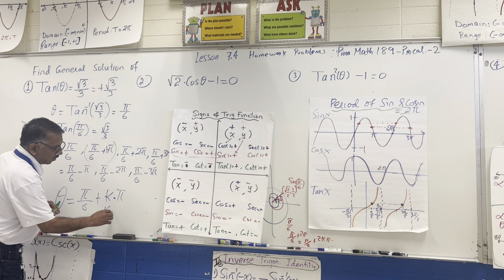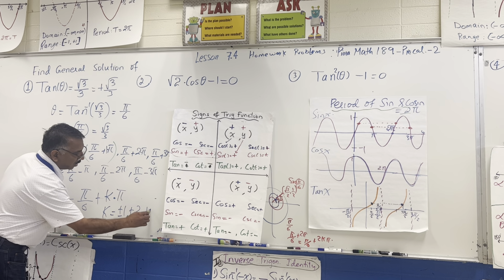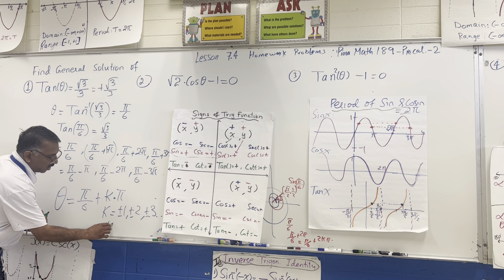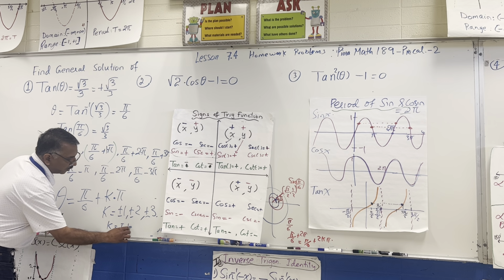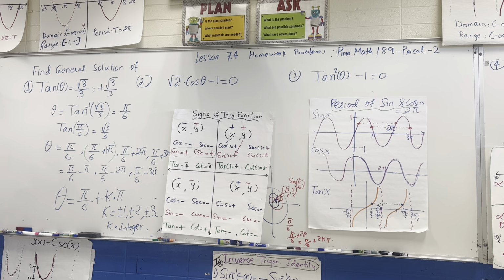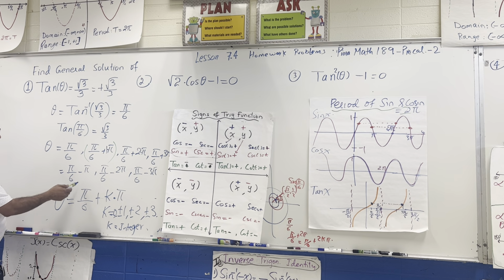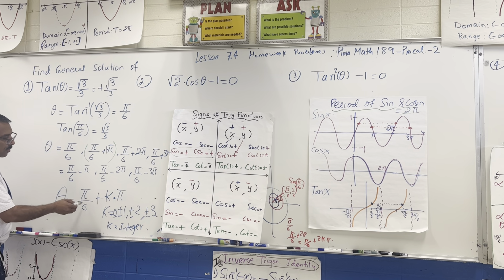But what is k? K is plus or minus 1, plus or minus 2, plus or minus 3, and so on. It means k is an integer. We are done. So k could be 0 also, because when k is 0, you get back your pi by 6.